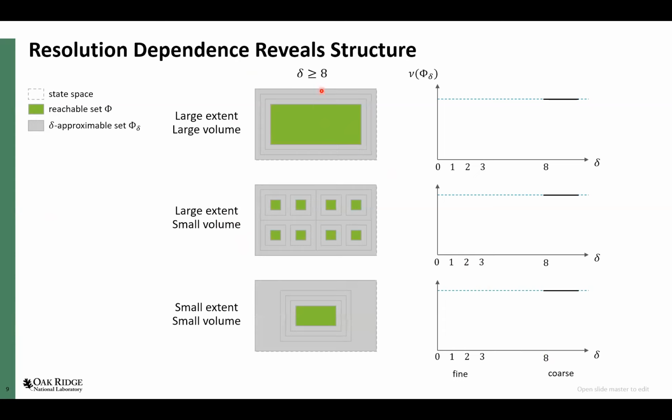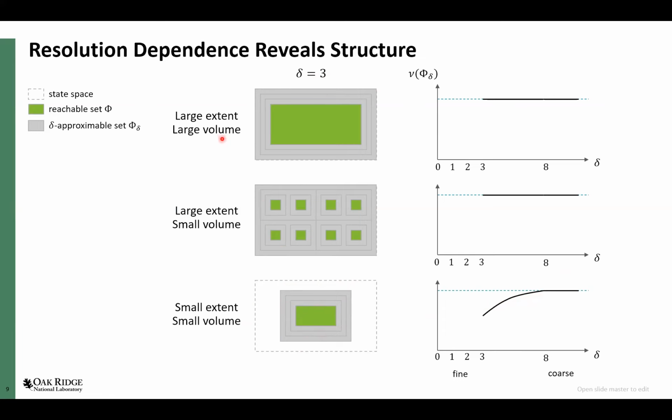So let's say we start with a very large resolution parameter. For all three of these sets, if you look at the states within a distance of 8, that includes the entire Hilbert space. So all three of these measures have a maximum volume. As we start to decrease our resolution parameter, the set that has a small extent and a small volume starts to not fill the whole Hilbert space.